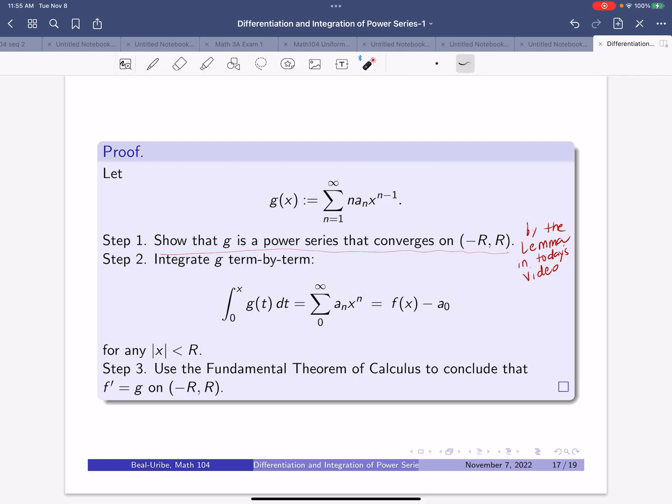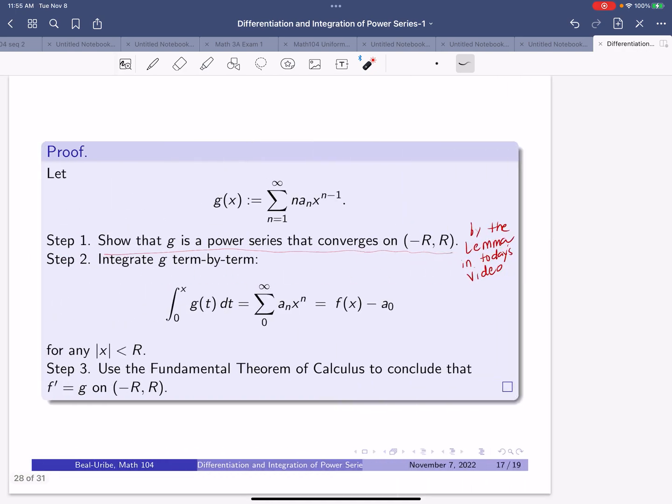Okay, second step is g is a power series, so it's going to converge uniformly on compact subsets of its domain. And that means that we can integrate term by term on compact subsets of its domain. So let's go ahead and integrate g term by term, and let's see here.